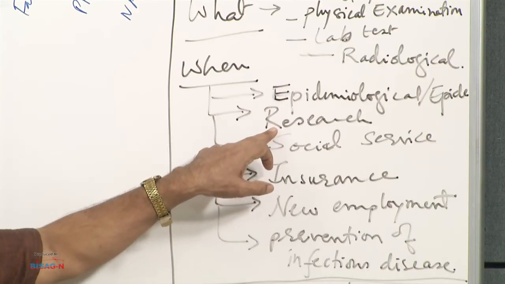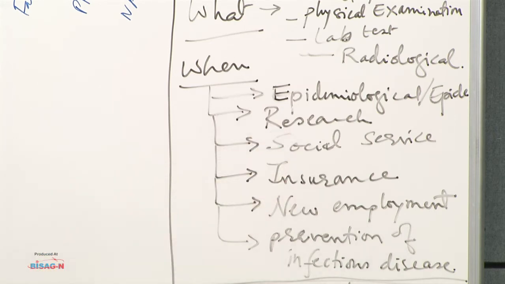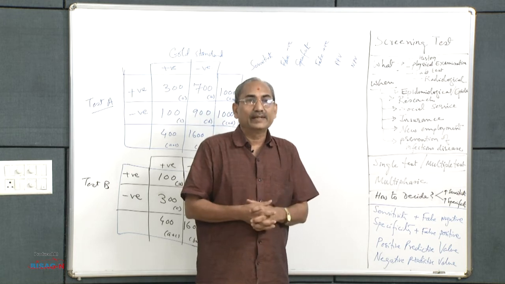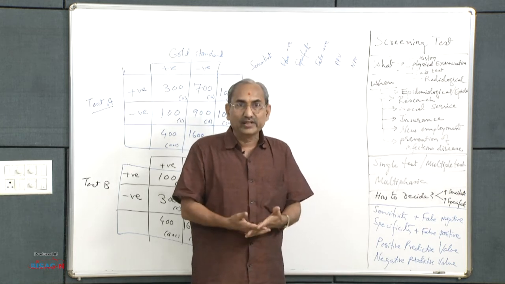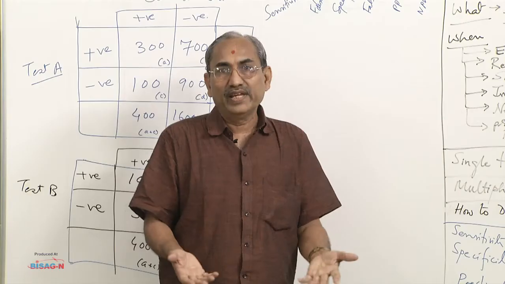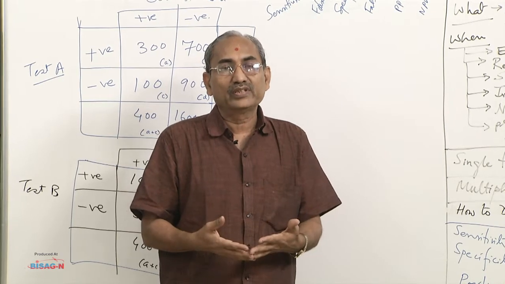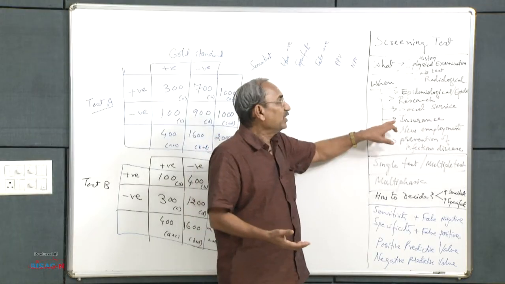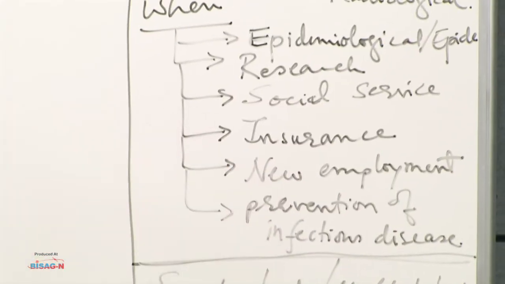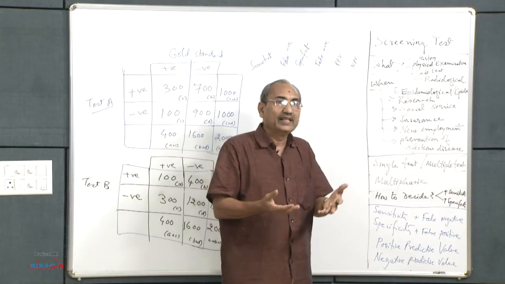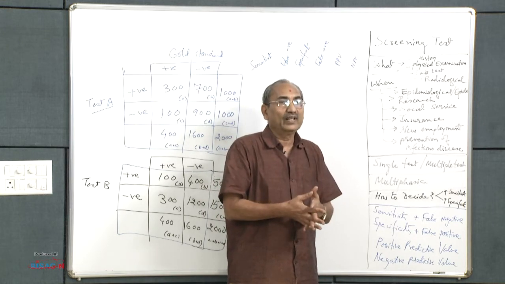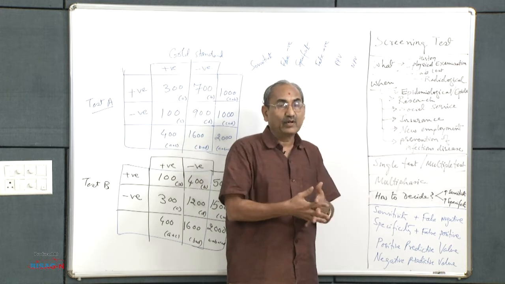Then the social service: suppose early diagnosis of disability in children, you can have corrective measures. So as part of social service you may be doing screening test. Other example, insurance. If you have some disability, then insurance people will charge you more. That's why they want to go for the screening test or health checkup.